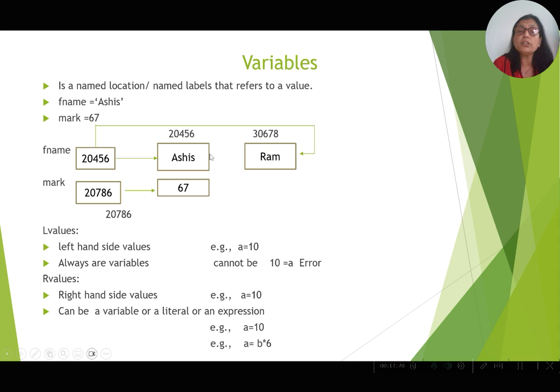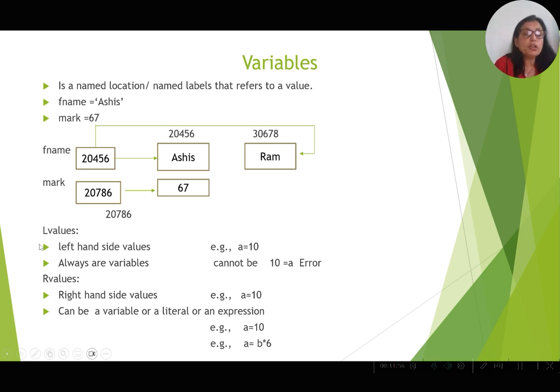So what is happening here? You have both the values, Ashish is there and Ram is there. So when you give fname equal to Ram, only the memory address will be changed. That's why it's a named location or named label that refers to the value, pointing to that memory location whose address is stored in another memory location which is labeled by the variable name.